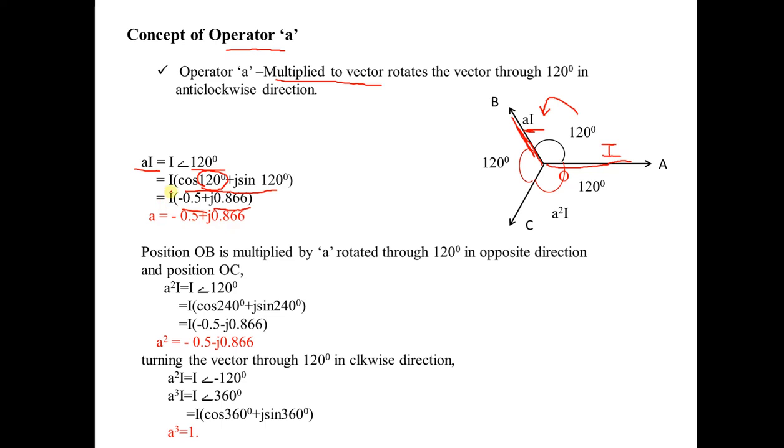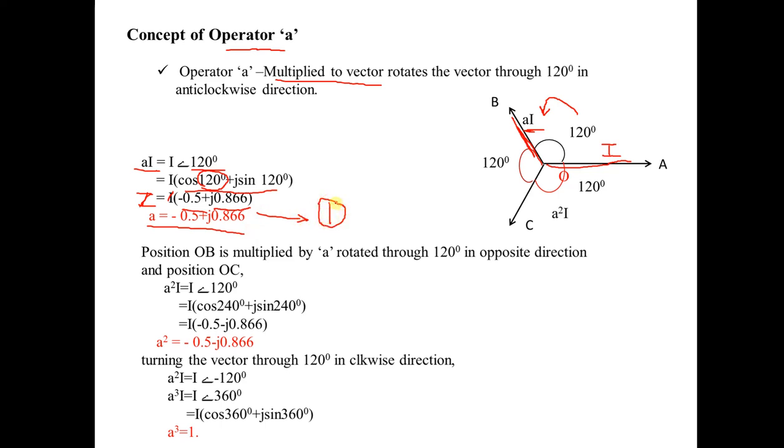The common terms cancel, the I term in AI is cancelled. So the operator A value for A to B is minus 0.5 plus j 0.866. I am keeping this as equation 1.